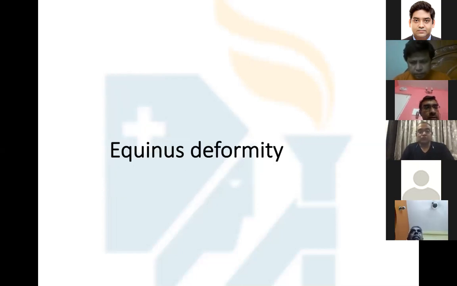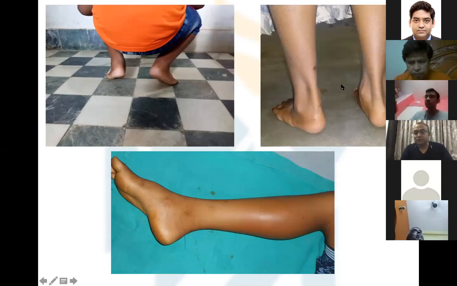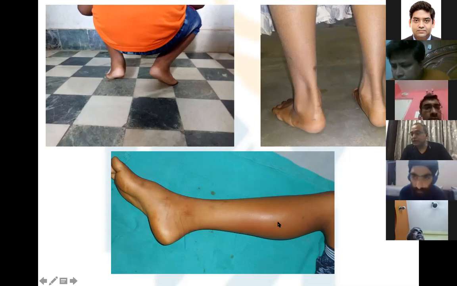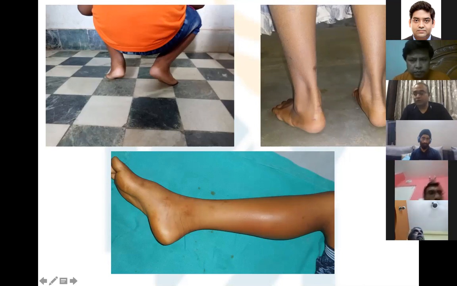Now let's go to one of the commonest ones, the equinus deformity. In the first picture, this is an idiopathic tendoachilles tightness. In the second one, it is spasticity in a cerebral palsy child, so there is a tight spastic gastrosoleus muscle. In the third one, there is a shiny swelling and some calf abscess, and sometimes pseudotumors of hemophilia can present like this and lead to an ankle equinus deformity.